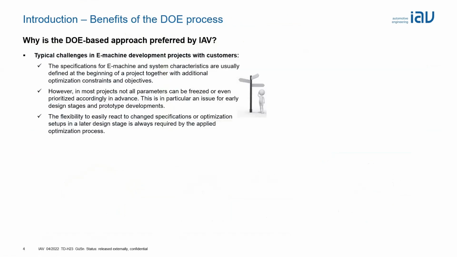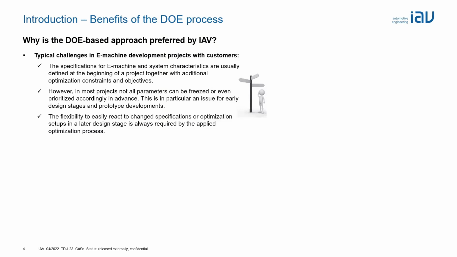So why is the DOE-based approach preferred by IAV? When we start a new development project, we typically define the specifications for the e-machine and system characteristics together with additional optimization constraints and objectives for the e-machine.